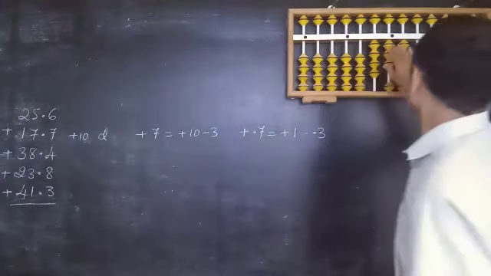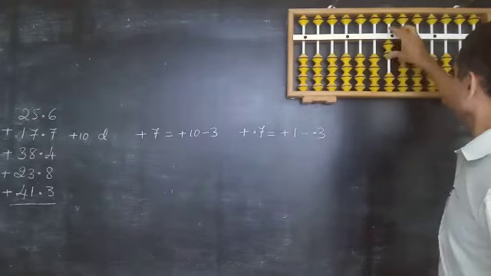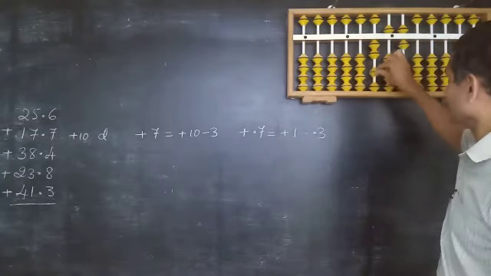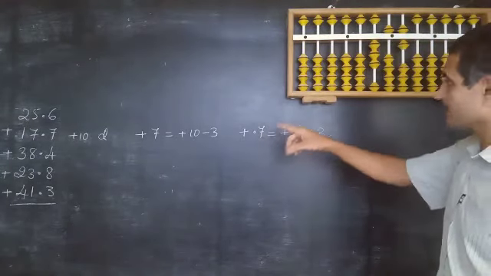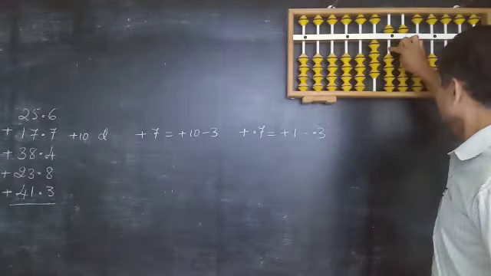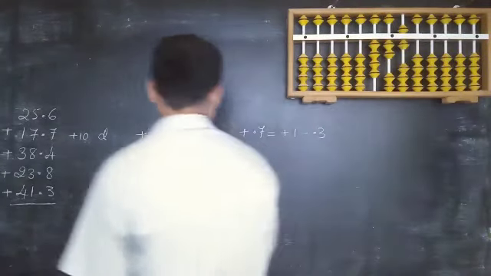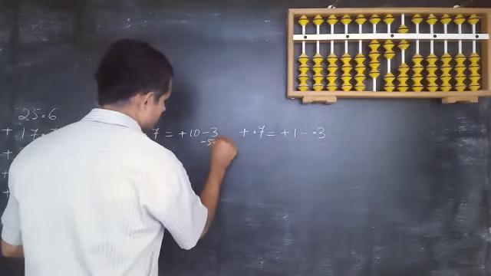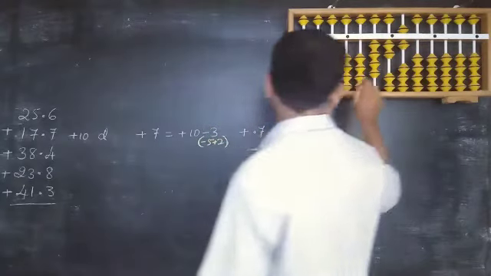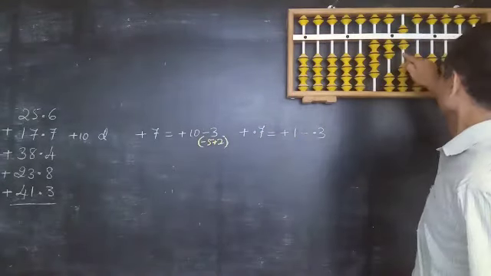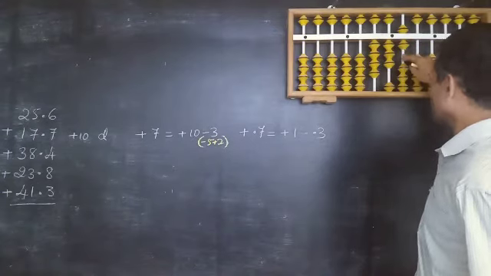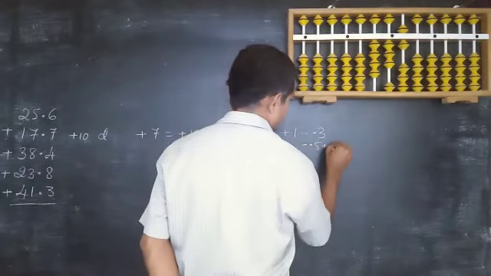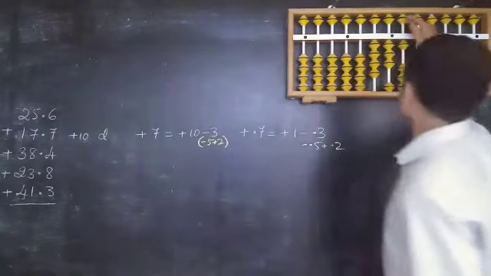I repeat. 25.6 plus 10 direct, plus 7 equals plus 10 minus 3 equals minus 5 plus 2. Plus 0.7 equals plus 1 minus 0.3 equals minus 0.5 plus 0.2.